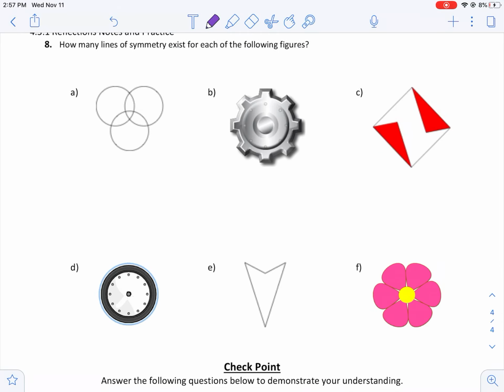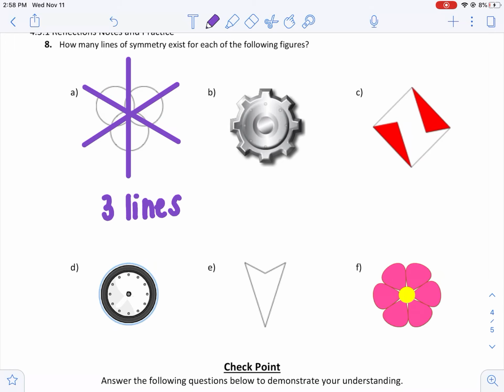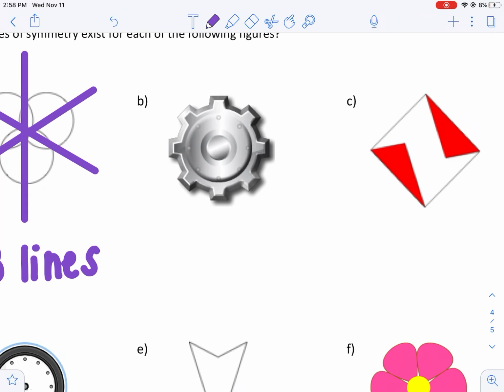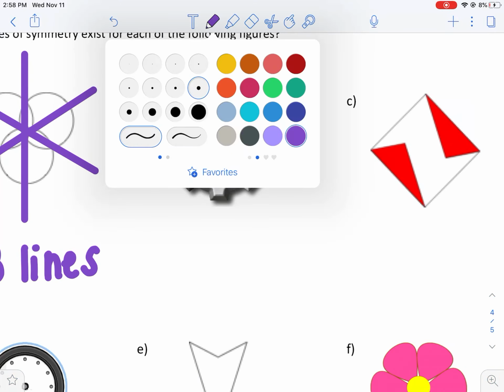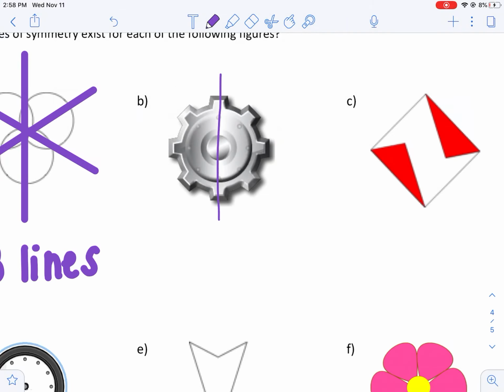We're going to see how many lines of symmetry we can find. So I see one here, in which if I folded down this line, they would perfectly cross. I see one here as well, and one here. So that's 3 lines. Here, though, we've got a ton. So let's see. There's 1.